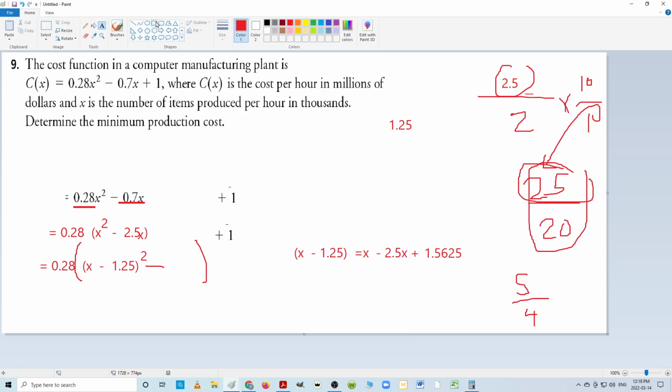However, all I'm interested in getting is this. So I have to subtract it from both sides. I have to subtract that 1.5625 from both sides. So I move this aside, and I subtract it from both sides. So now I get this.